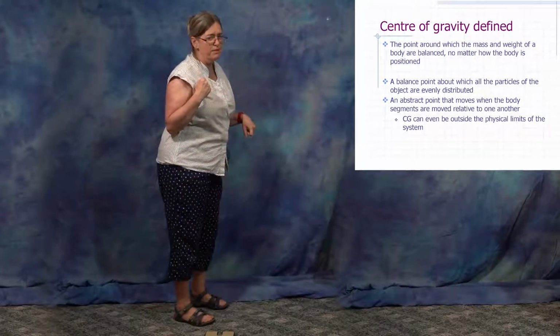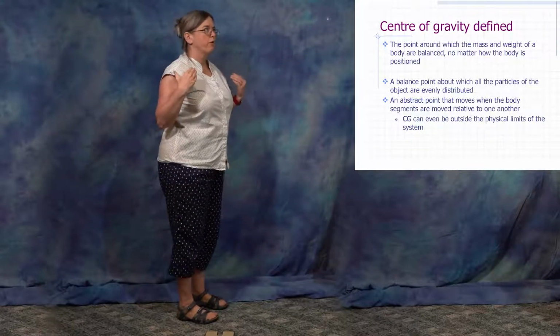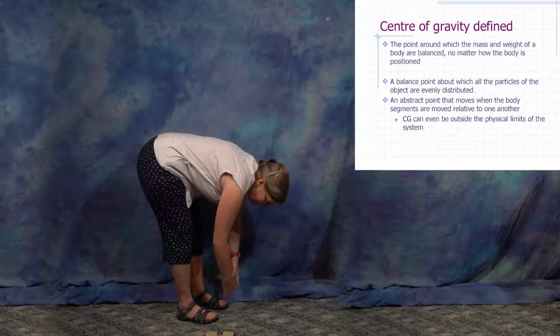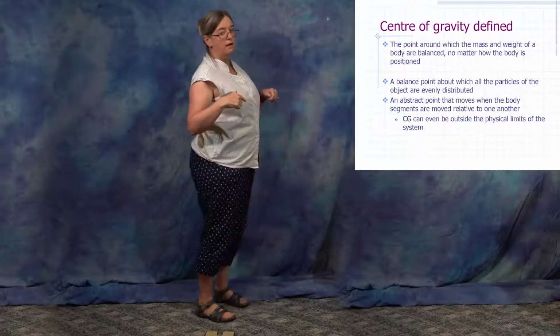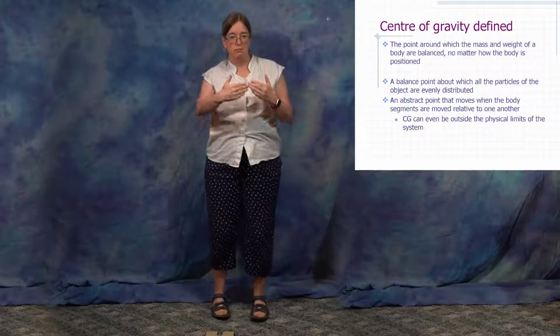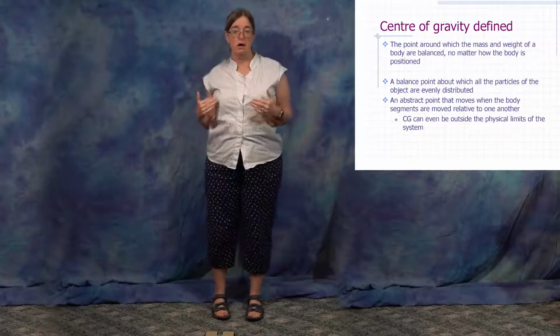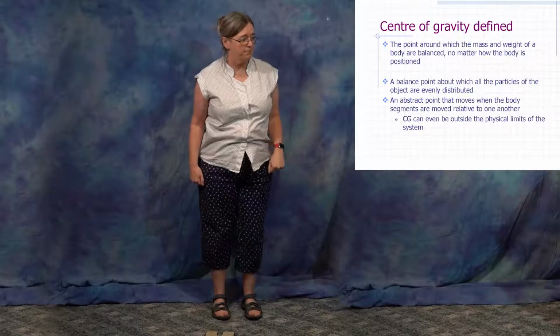And in human movement, when we do certain postures, for example, some piked positions or extreme back extension, you can actually move the center of gravity outside of the physical confines of our body.